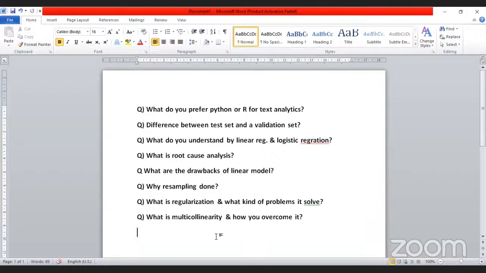Now, next question is, what is the difference between squared error and absolute error? Even this question is much more important.